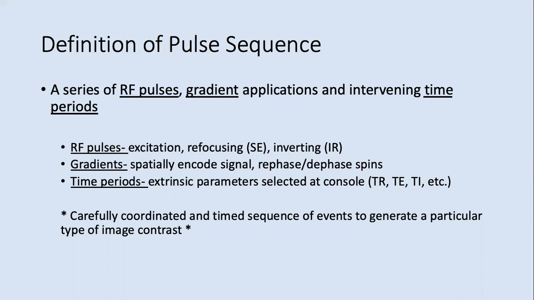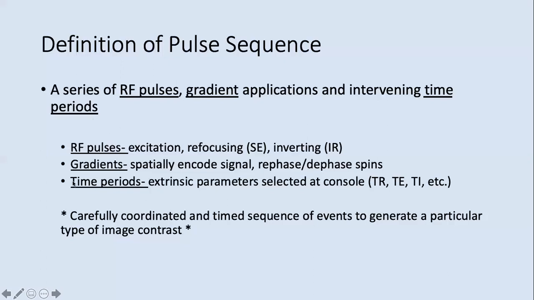So we wanted to flip that net magnetic vector from the longitudinal axis 90 degrees into the transverse plane, where we get our signal, and we get the most signal from that net magnetic vector because it rotates around that transverse axis, gets taken up by our receiver coil due to Faraday's law of magnetic induction, and you get an image on your screen. But now when we talk about gradient echo pulse sequences, we're going to have to consider a flip angle that is variable, or typically less than 90 degrees.